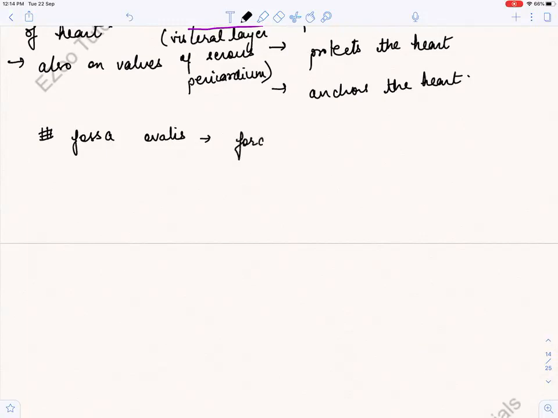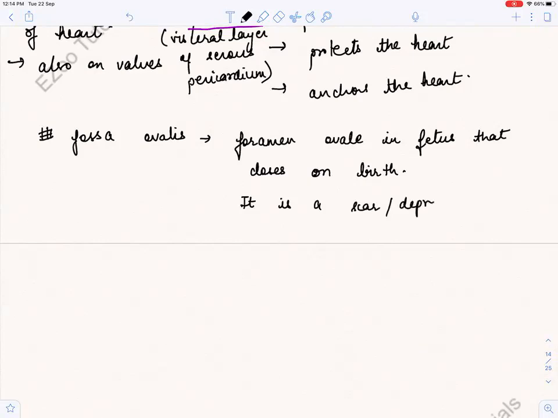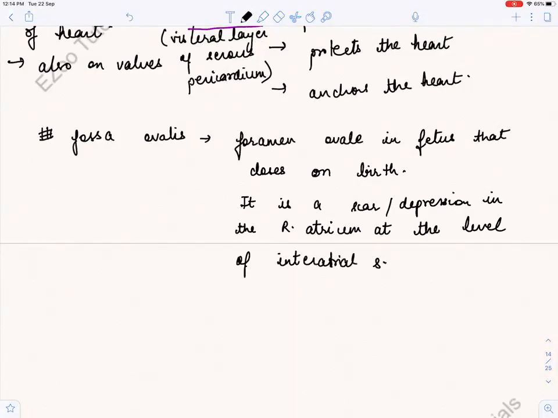Basically, there is this foramen ovale in the fetal stage that closes on birth, right? So it is its remnant. It is a scar or a depression in the right atrium, at the level of the interatrial septum.